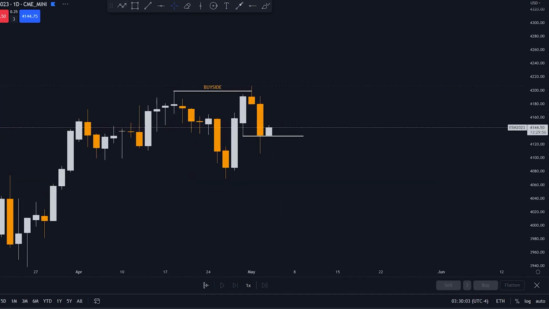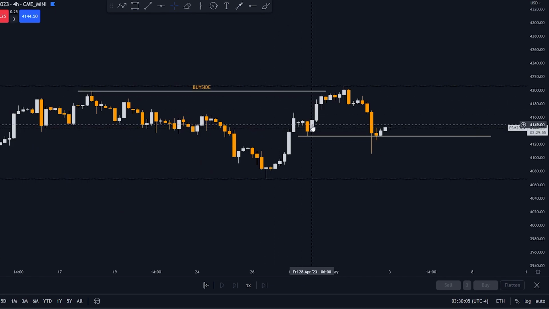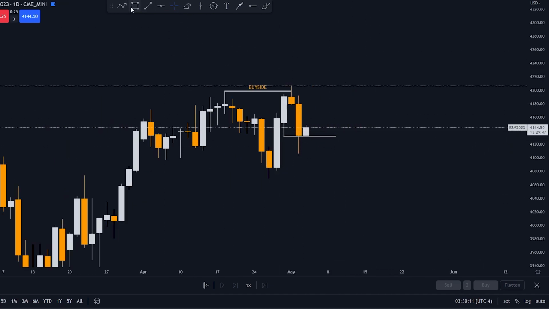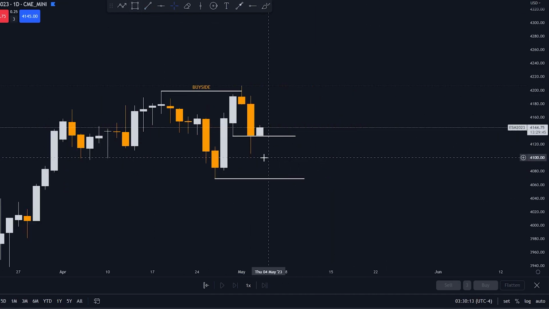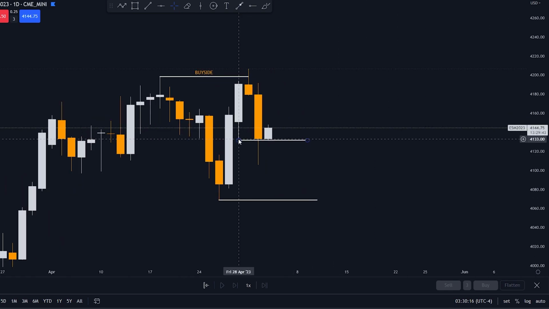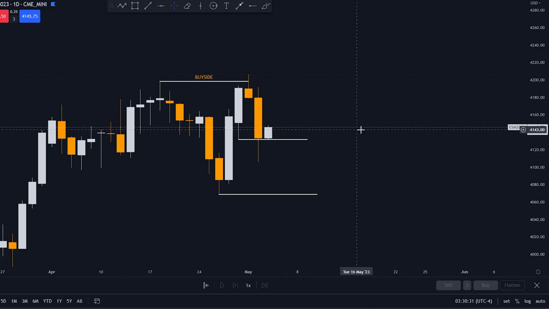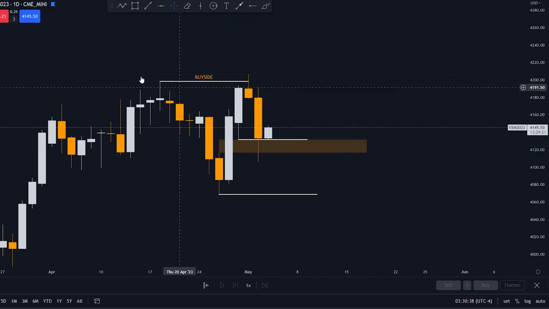Because if you look at the lower time frame, imagine you entered long here. You're putting your stop loss here. That's your liquidity. So first liquidity and the second one is here. So right now we took this small liquidity on the 4-hour chart and you would like to be bullish now because we also took this fair value gap.